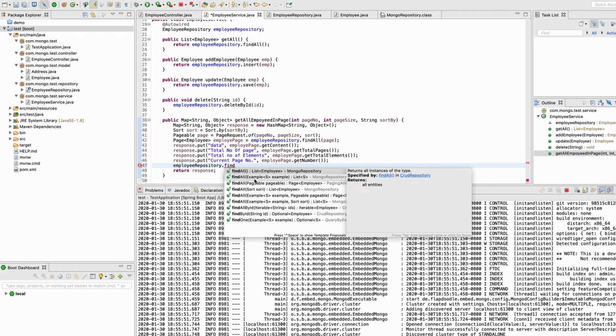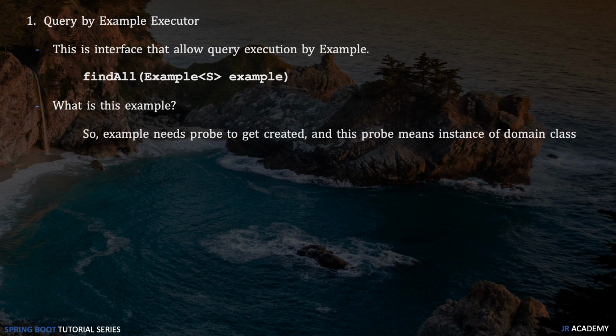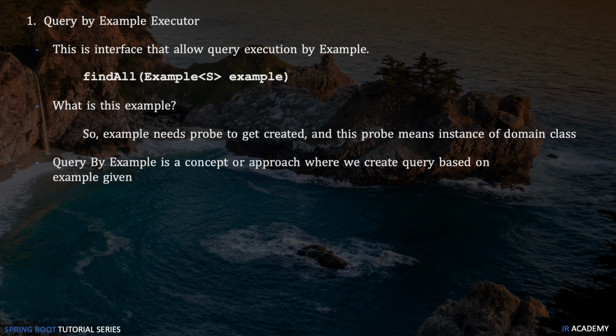So this example is an object that will help us create a query based on it. So MongoRepository has an executor extended, and that executor will create a query based on this example object. So what is this example? Example needs a probe to get created, and this probe means an instance of the domain class. So in our case, it is Employee. We need to use the employee object, which is our entity class, to create this example object. And query by example is a concept or approach where we create a query based on the example given.